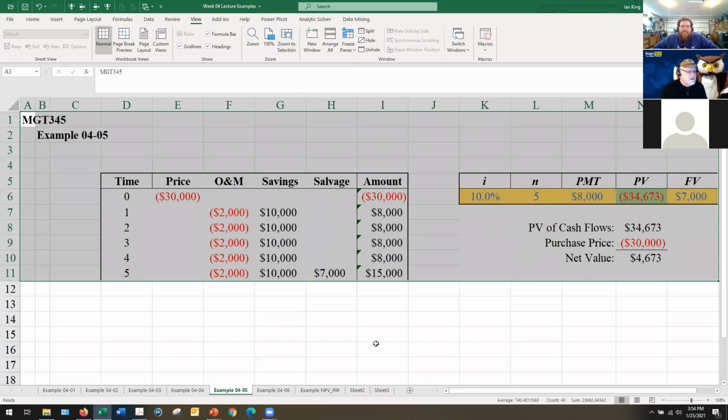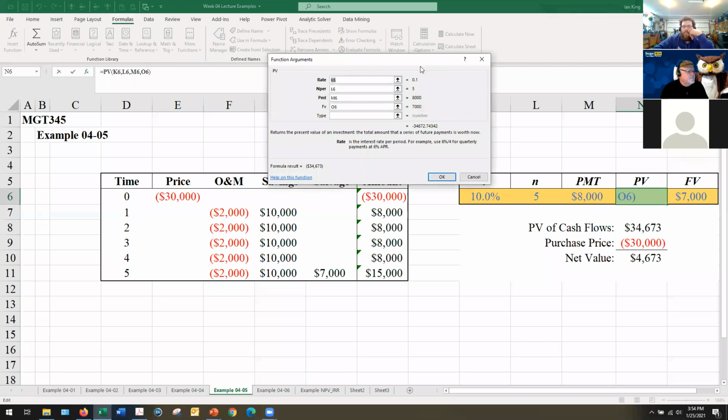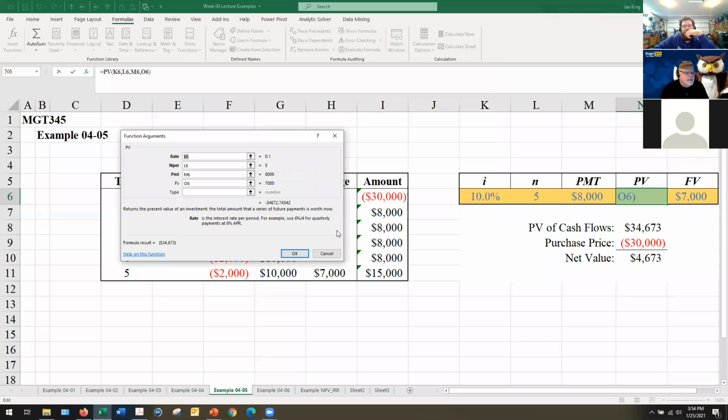Okay, zoom selection. All right, here's the thing I showed you a minute ago, 10%. So the present value is, again, okay, present value of cash flows: rate, number of periods, payment, future value. Cool. So I can do it all in one step in Excel.